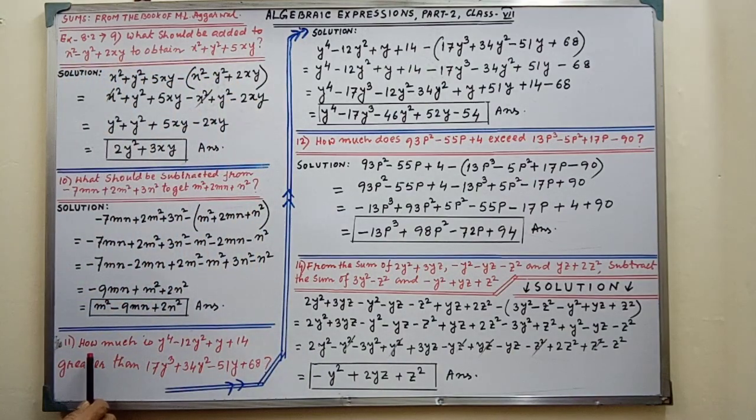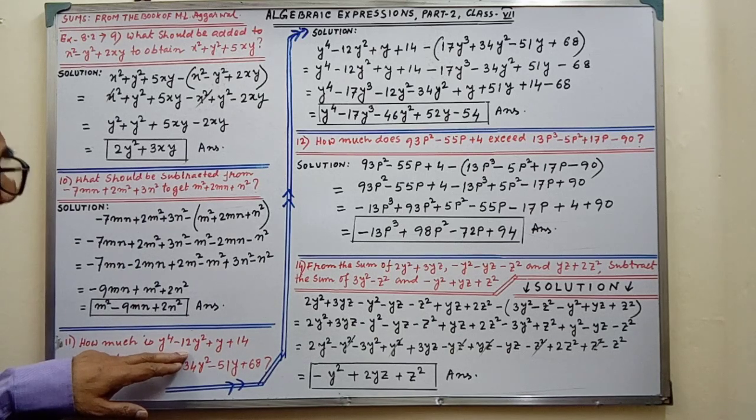Next sum. How much is this greater than this? Language you have to understand. This is greater than this. So this part will come first, and from this we have to subtract this. So we have to write this first.